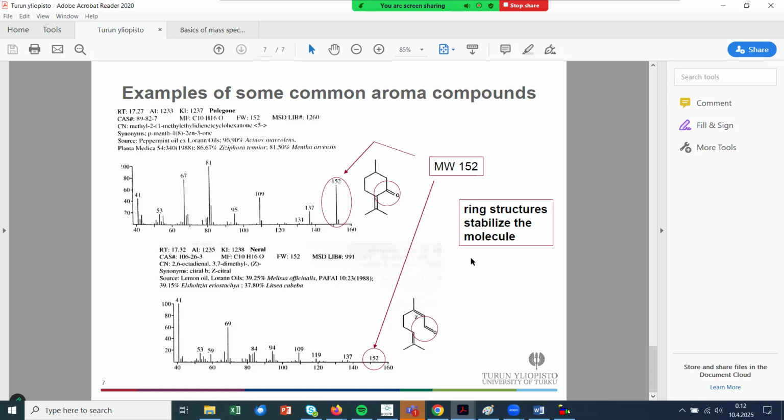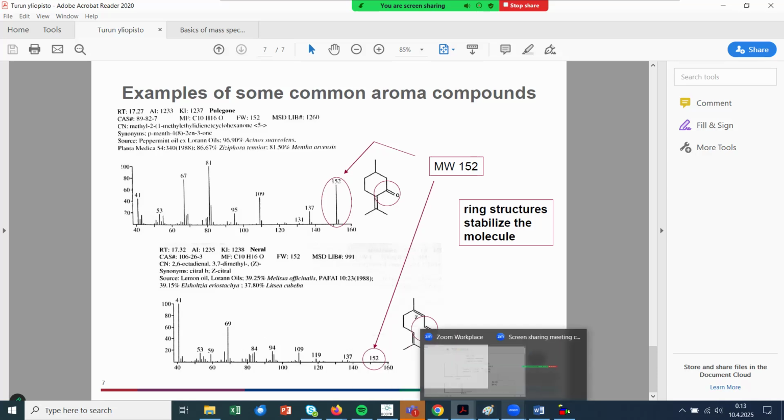One of these is a ring structure, one is not. So really, this molecular ion you see more of if you have the molecule as a ring structure. If it's an open structure, typically it's even more easily fragmented and you don't see much of the original molecular ion anymore. Okay, so this is just the electron ionization.